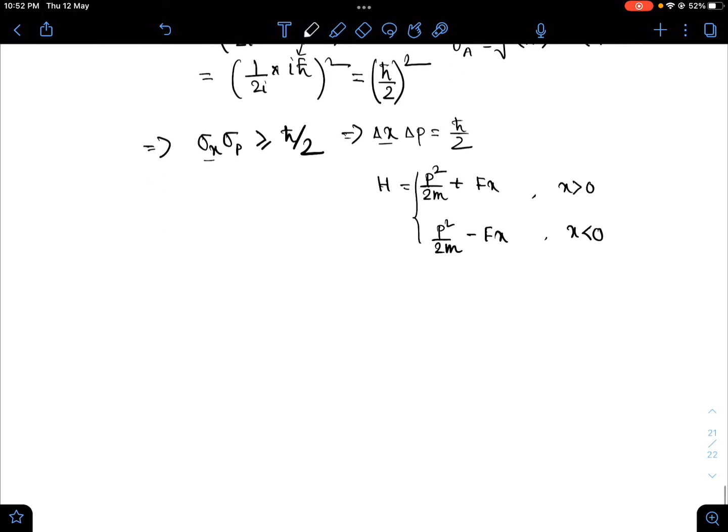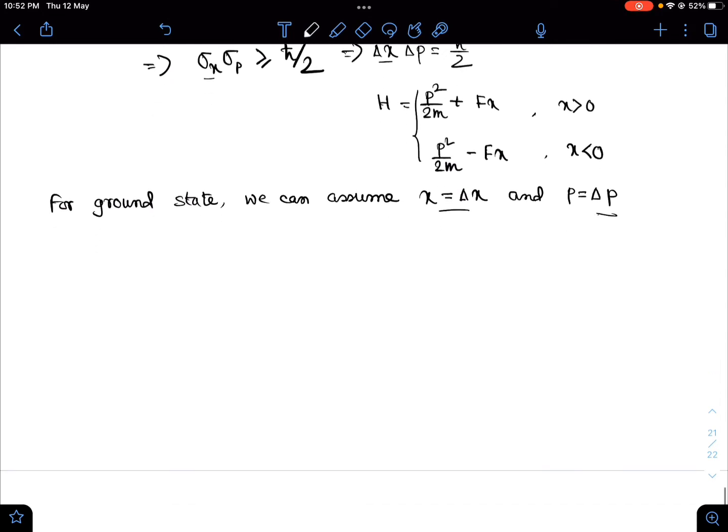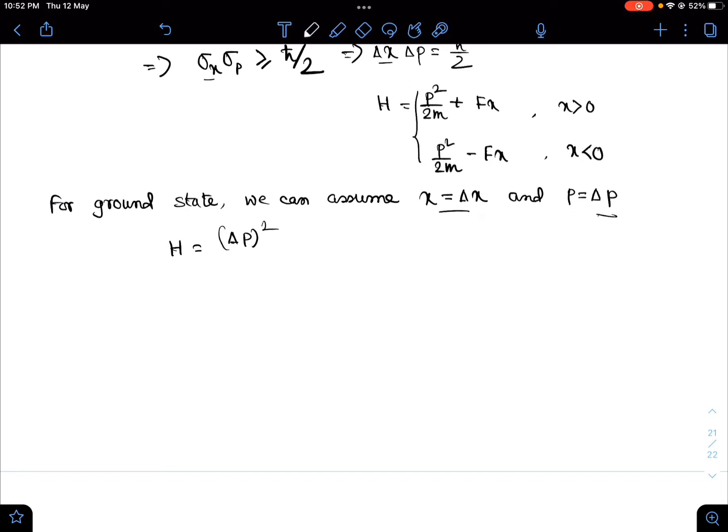Since we have to estimate the ground state energy, for the ground state we can assume that x is equal to delta x and p is equal to delta p. If we assume this, then we have the energy or the Hamiltonian of this form: delta p squared by 2m, plus or minus F of delta x.